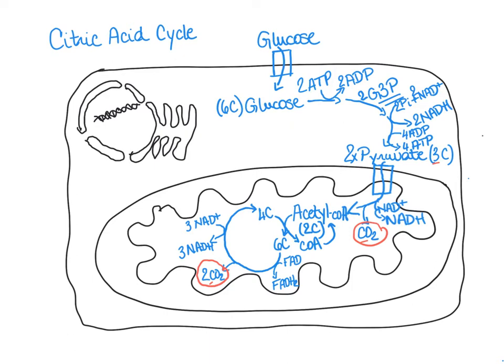NADH and FADH2 are the primary outputs in terms of moving the energy along in cellular respiration, and then CO2 is the primary matter output of the citric acid cycle. This is typically when I start running out of room on my diagram, and this time seems to be no different. But for the electron transport chain, we now move to the inner membrane of the mitochondrion.